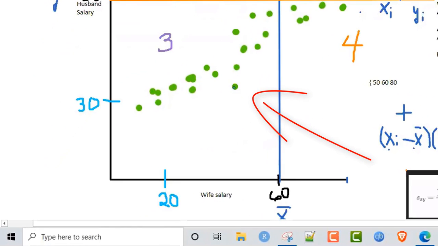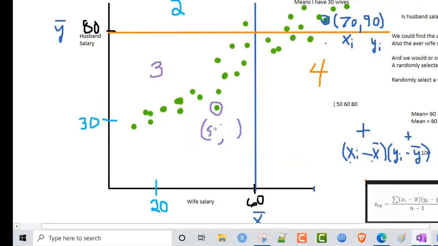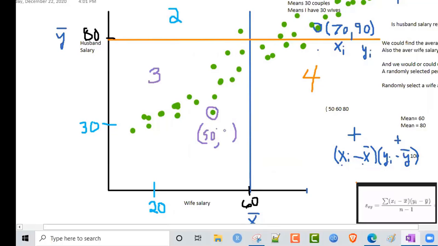Now let's talk about a dot here. Suppose we have this dot. Let's say it has an x coordinate of, I'll just make it up, 50, and a y coordinate of 40.